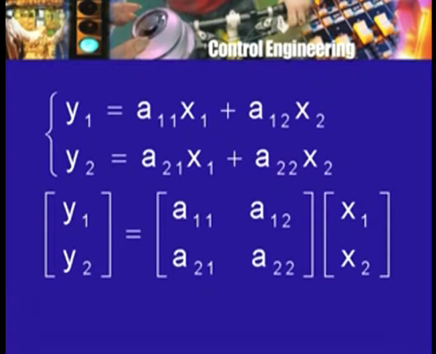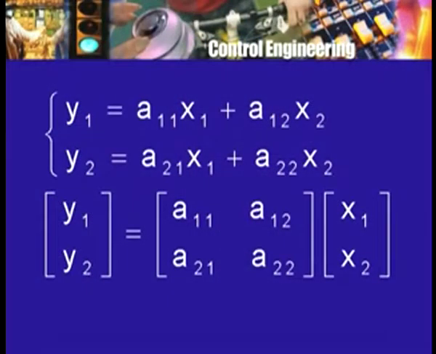Now, it is a simple exercise to find out that when the two inputs x1 and x2 are given some values and you have corresponding outputs, then you change the values given to the inputs, find out some new outputs, and then superpose them, then what happens? It is easy to verify that additivity holds, that homogeneity holds. Therefore, this set of two equations, or the input output relationship given by these two equations, is also linear.